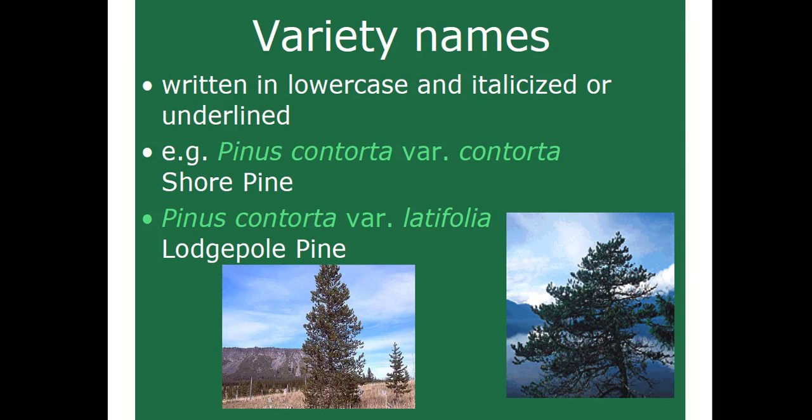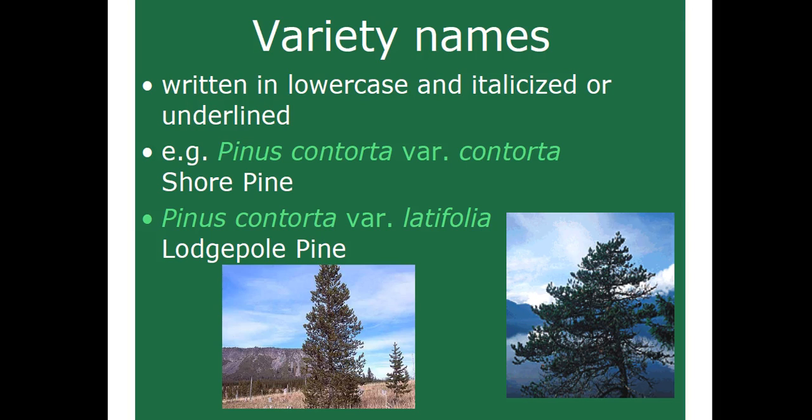Variety names are always written in lowercase, and they are italicized or underlined, depending on if you're typing or writing by hand. For example, the shore pine, Pinus contorta variety contorta, is one that grows in a specific geographic location that is found outside of the regular Pinus contorta range.